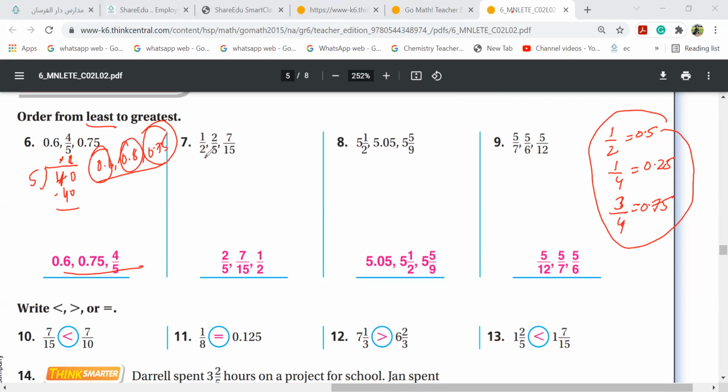Now see half. Girls, half, you know it is 0.5, right? You have to solve two things here. When you solve this, you get 5 times 4, 20, and then you have 0.5, you have 0.4. How do you do this? Put a point, put a 0 and check. 15 times 4 is 60, I think so.